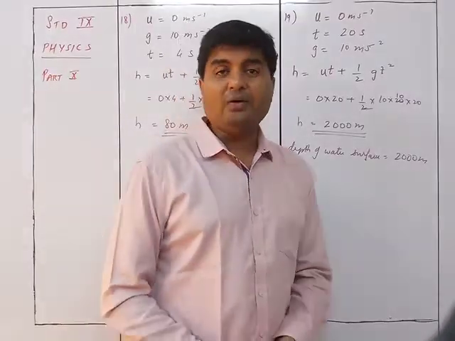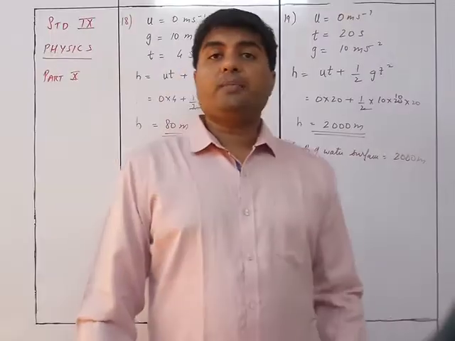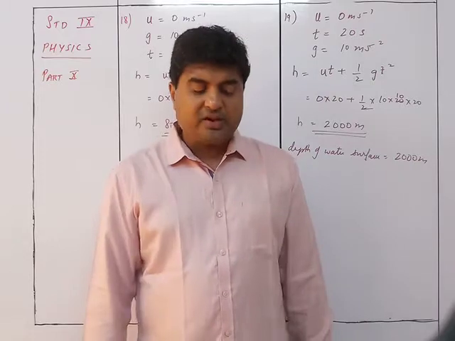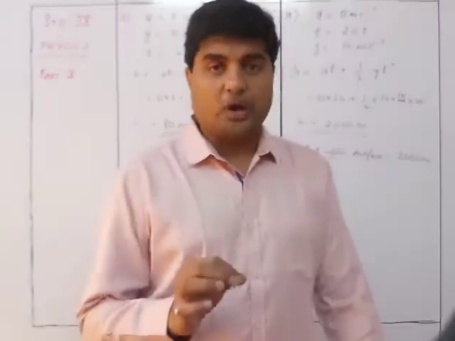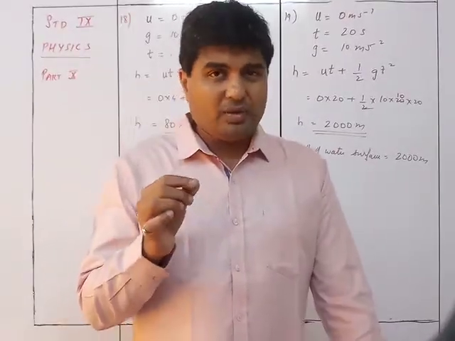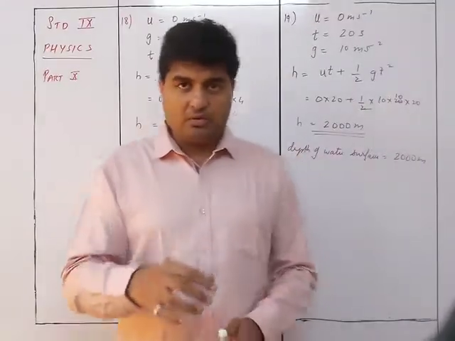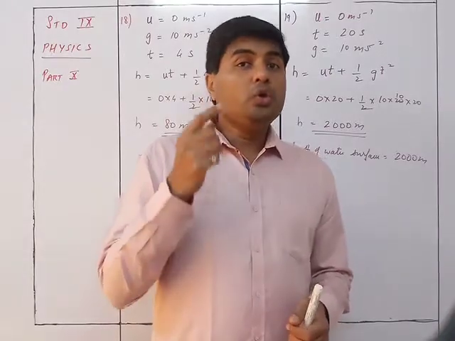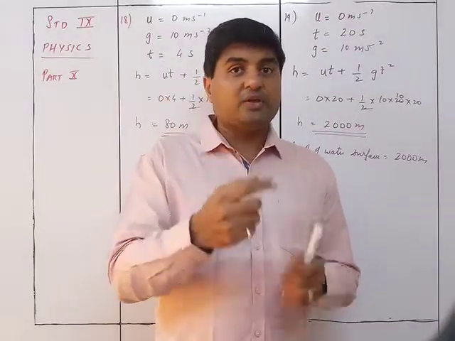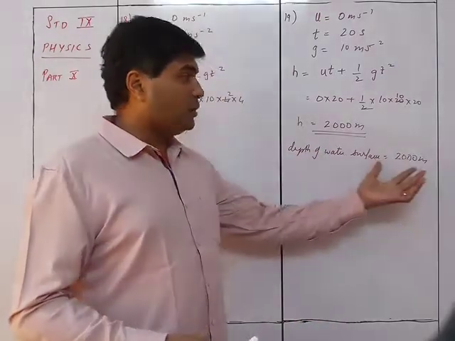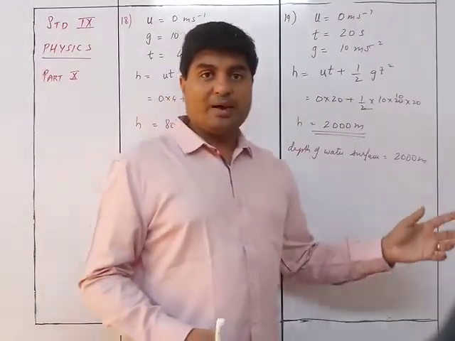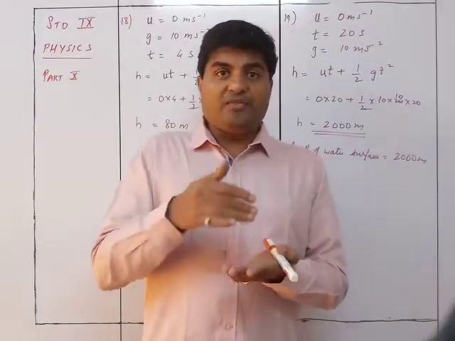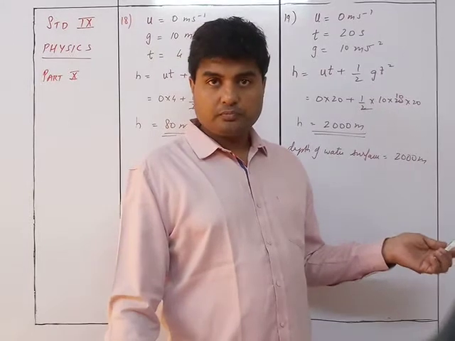So 2000 meters. Now they have asked what is the time when echo is heard after the pebble is dropped. It hit the water after 20 seconds, but you are not going to hear it at 20 seconds, because it's 2000 meters, so the sound also will need some time to travel this 2000 meters.